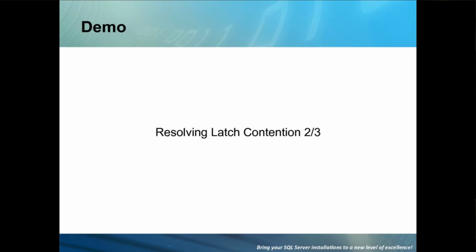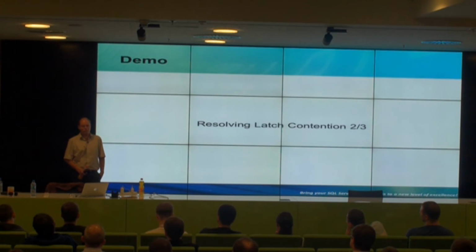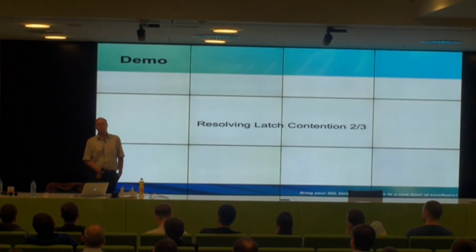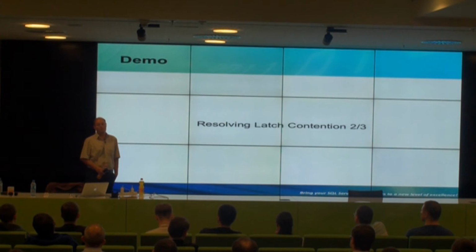The question was, what about non-clustered indexes? When you're creating a non-clustered index on a temp table, you are again mixing in DDL statements. With SQL Server 2014, you can also create non-clustered indexes inline, which was introduced for In-Memory OLTP.